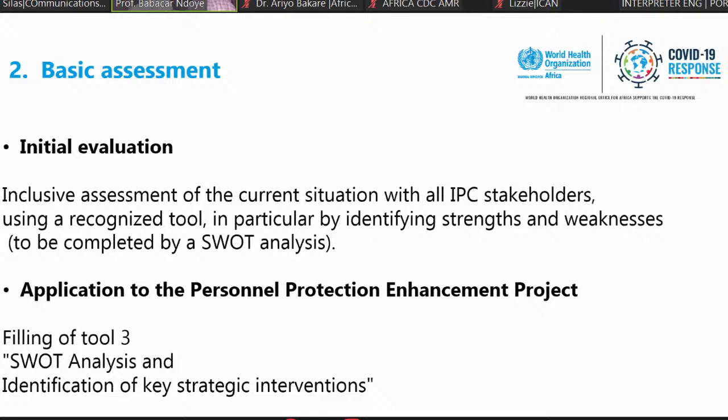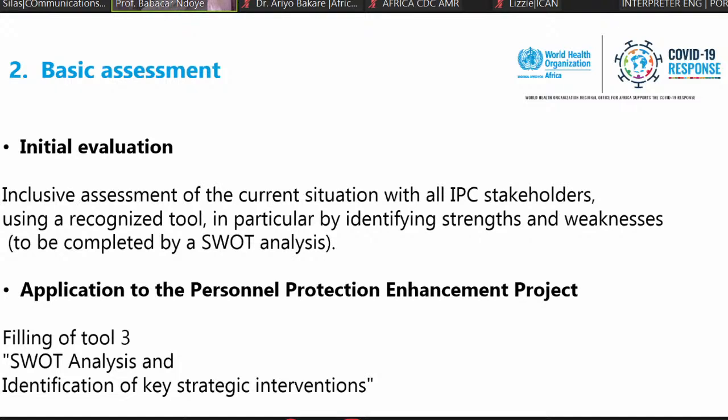This activity should be very inclusive, using a recognized tool, in particular by identifying strengths, weaknesses, opportunities, and threats. And to say it over, after filling the tool, you have to complete it with a SWOT analysis.